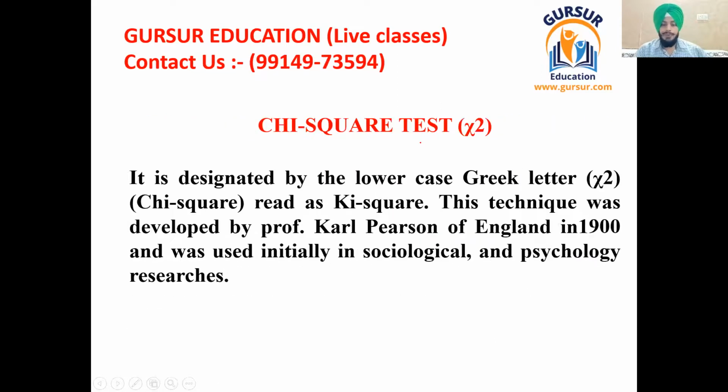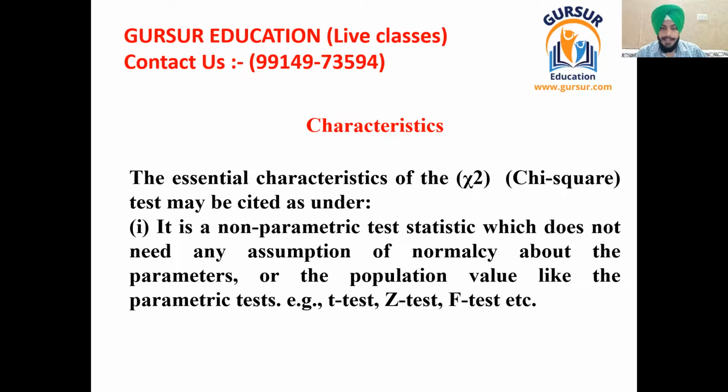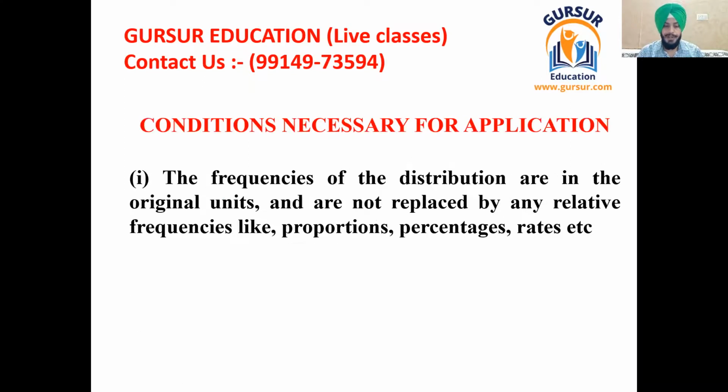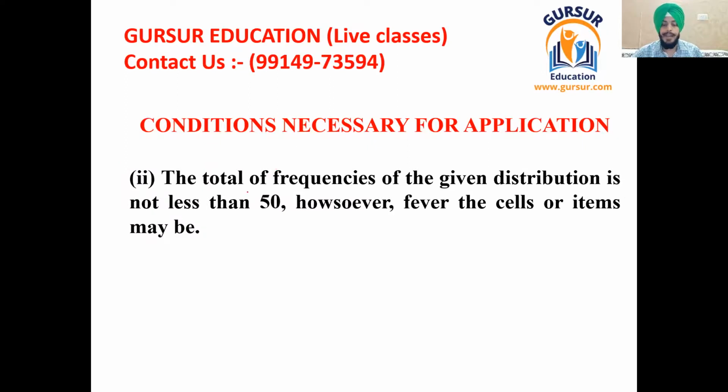So till now we have gone through the subject and concept matter of the chi-square test, and after that I taught you about its characteristics which are important to go through. And now there are conditions. The first was you have to write the frequencies in original units. Secondly, total frequencies in the distribution should not be less than 50.